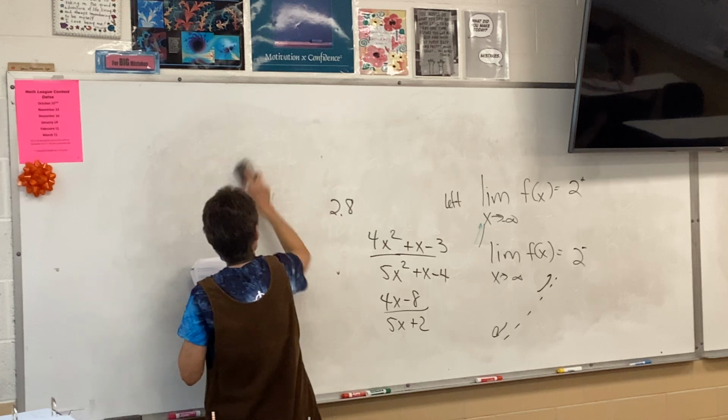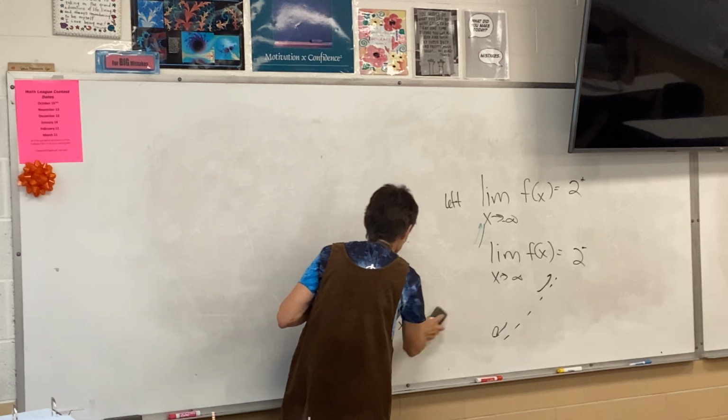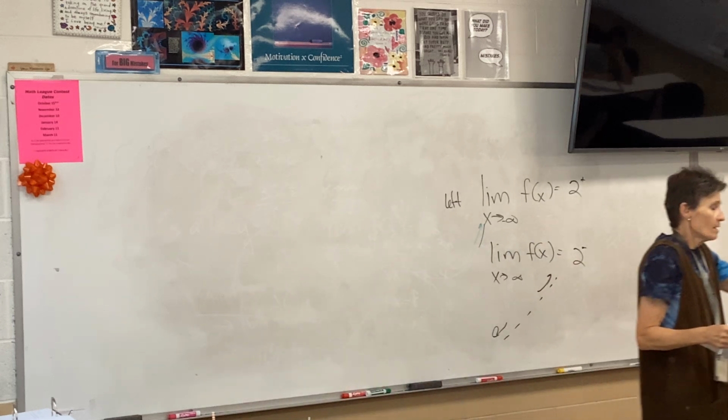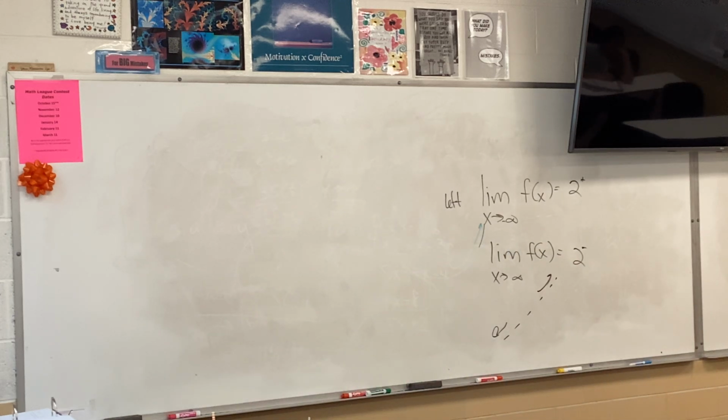All right, let's go on to the next one. 2 important traits of a rational function. You already know both of these. We have zeros or x-intercepts when the function equals 0. And then we have vertical asymptotes when the denominator is 0.